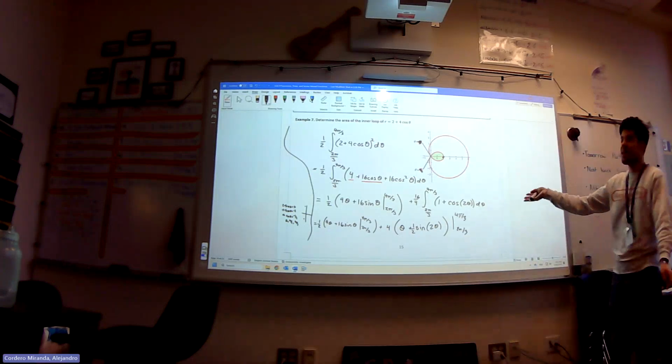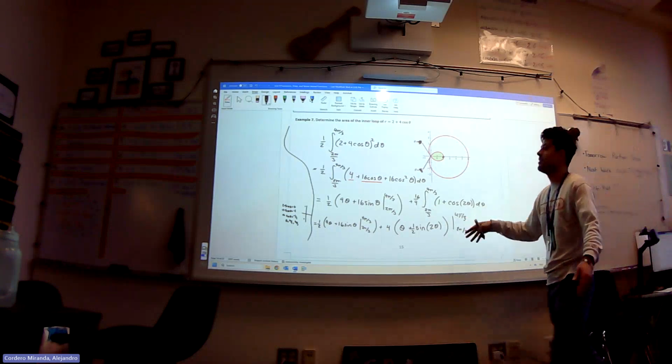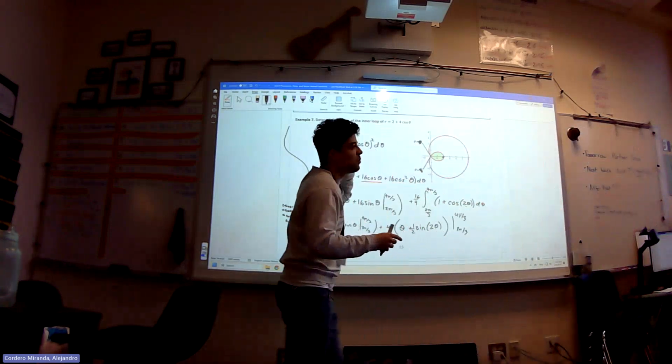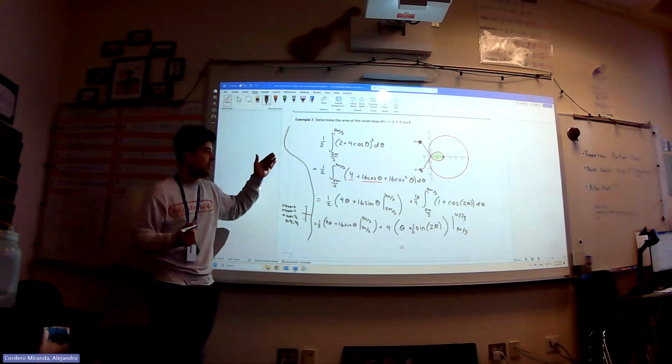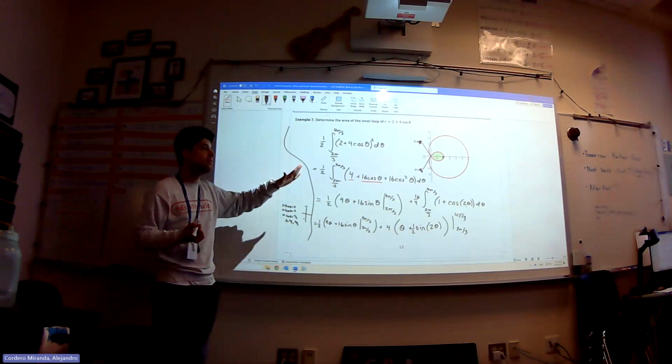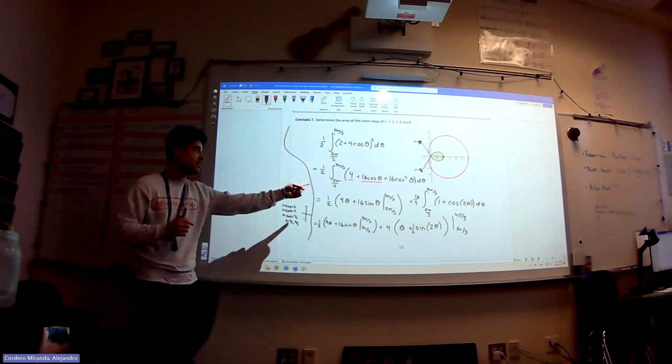And then that itself is a big long mess, but that's not the part I was worried about. I wanted to let you guys see one time where I used this little formula. Again, on the test and in this class, I've only ever seen it in the calculator section, so you don't even need to do that. But in a college class, I think you would have had to.